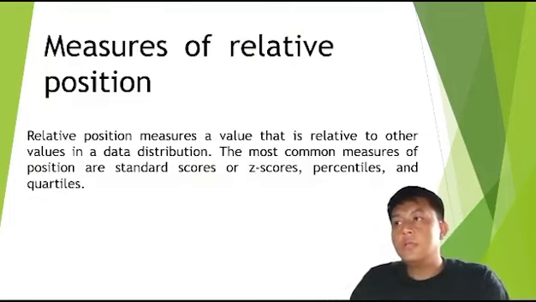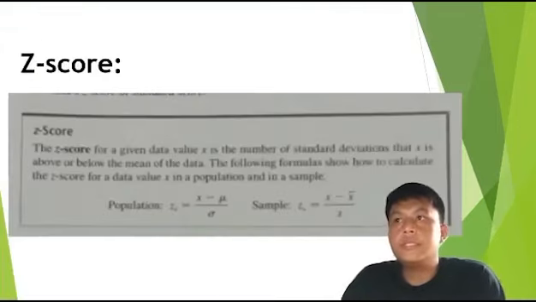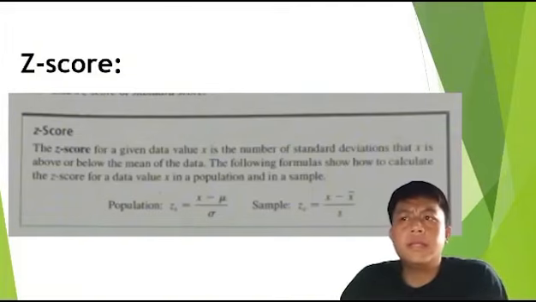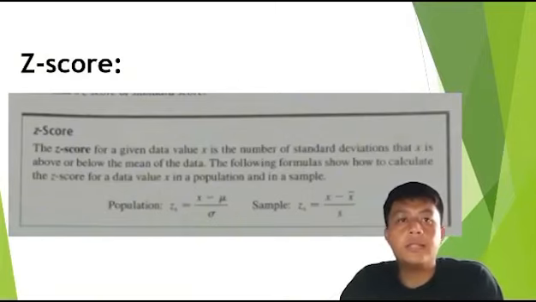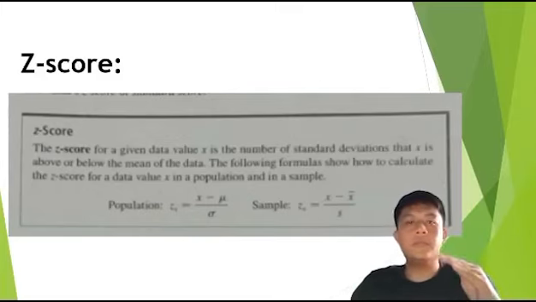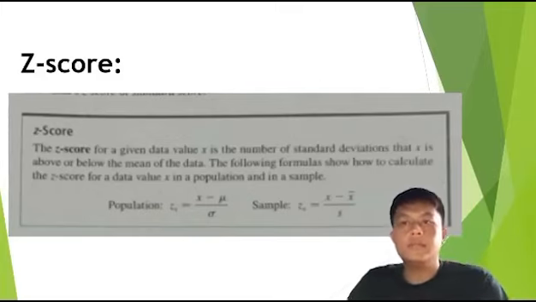Now, relative position is the z-score. The z-score for a given data value x is the number of standard deviations that x is above or below the mean of the data.